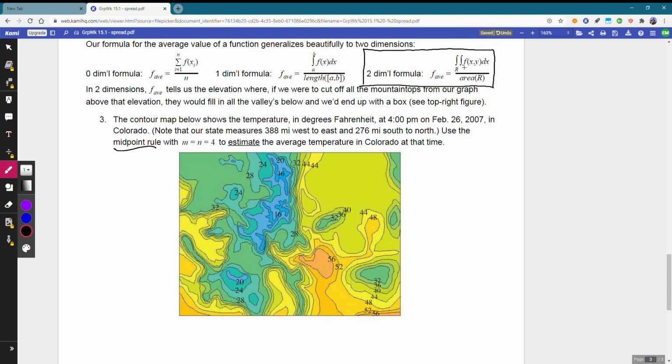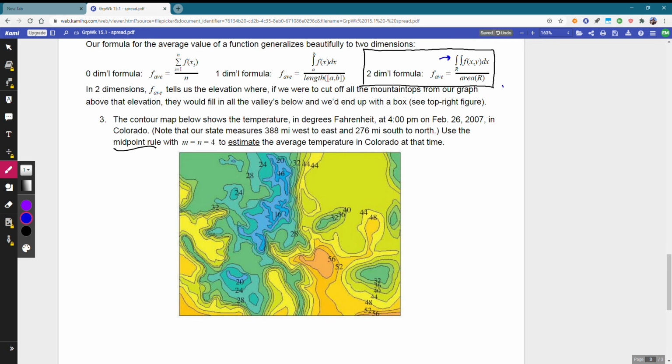The idea here is we're adding up all of our information with our double integral, and then dividing by how much information is there, the area of our region here, our lovely state. And so here, if we're going to use the midpoint rule, then we are looking at estimating this double integral.